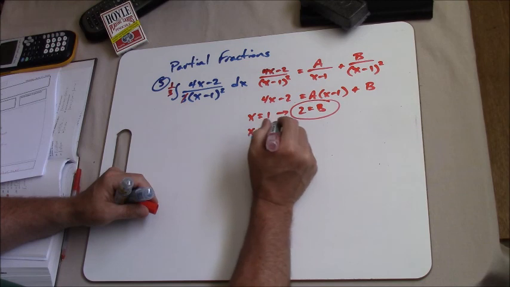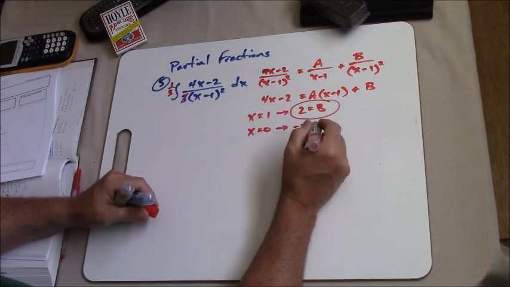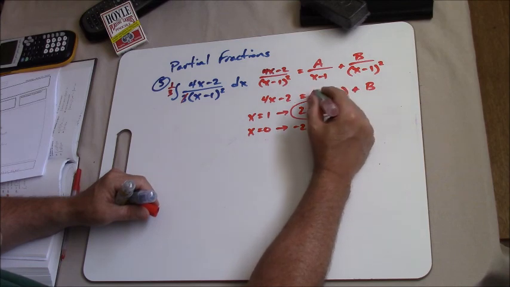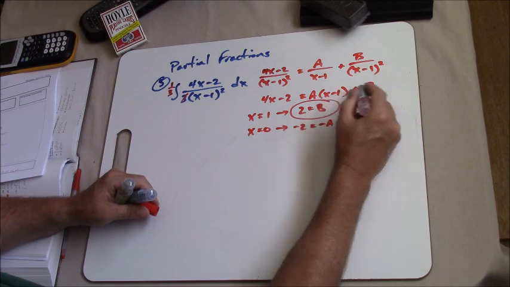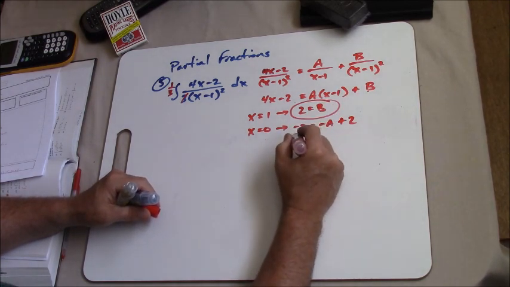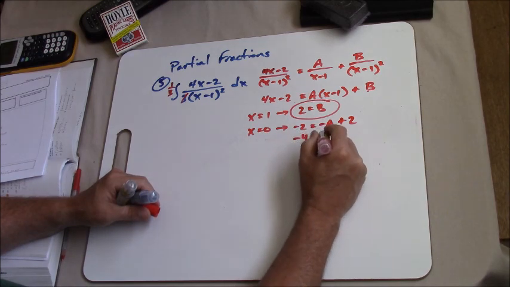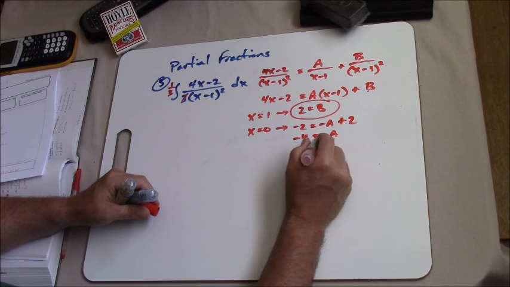Let's pick 0. Plug in a 0, I get negative 2 is equal to negative a plus 2, because b is equal to 2. So if I subtract 2 over here, I get negative 4 equals negative a. Swap sides, you get a equals 4.